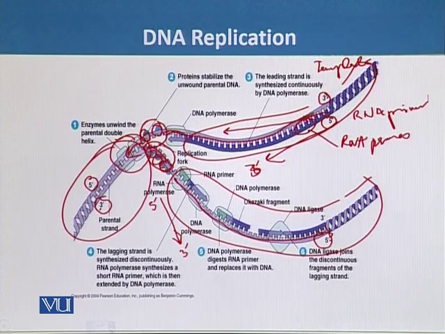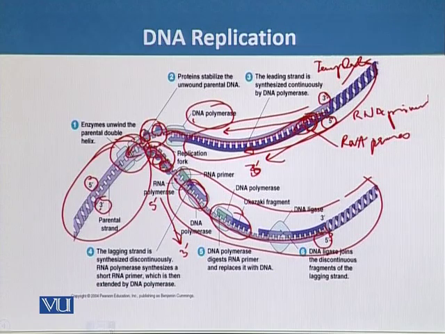And once the primer is added to DNA, the DNA polymerase will act on these RNA primers and will start replicating the strand into the double strand. That's why in this strand we can see these small fragments that are replicated. But in this strand, we see it's a continuous fragment that is being replicated by DNA polymerase.